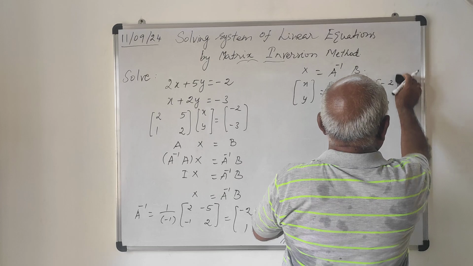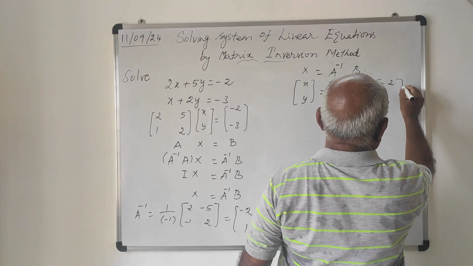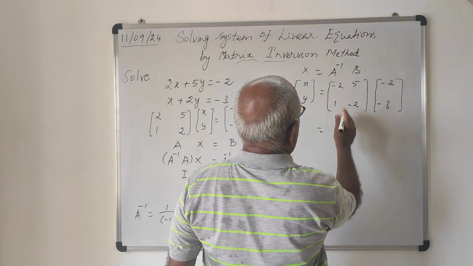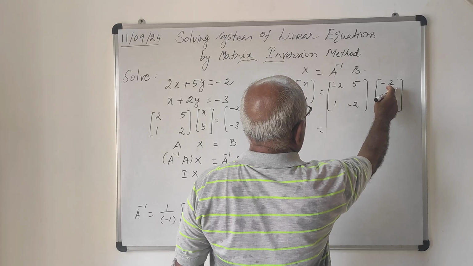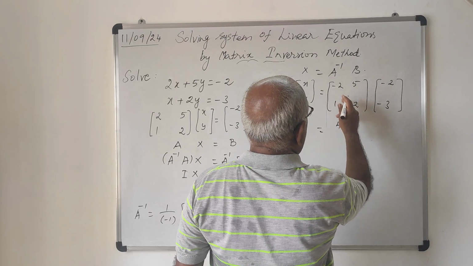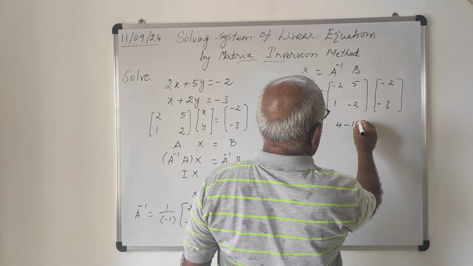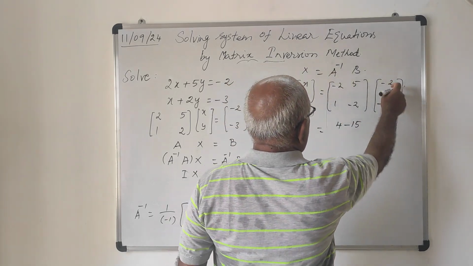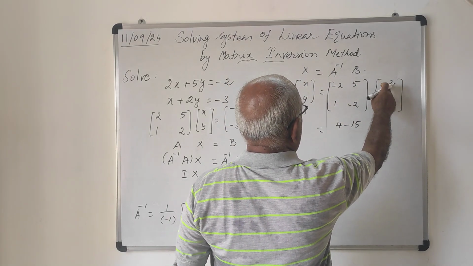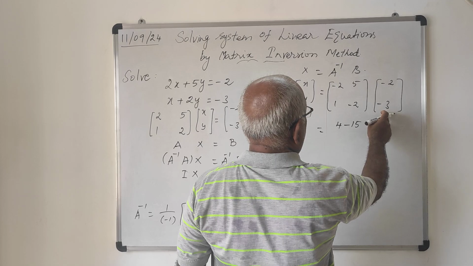After multiplying, first row: minus 2 into minus 2 is plus 4, and 5 into minus 3 is minus 15.